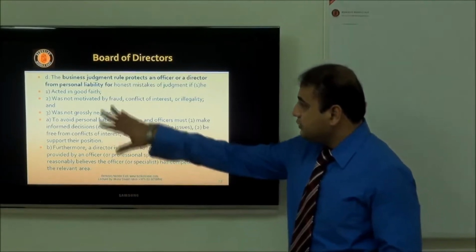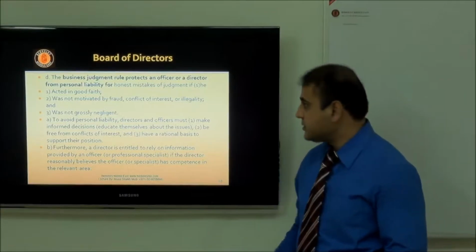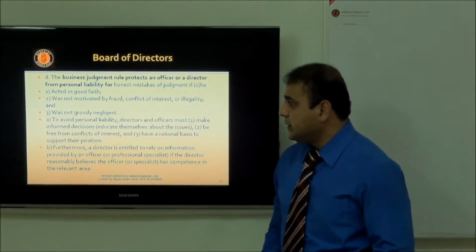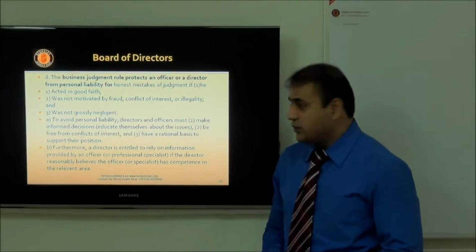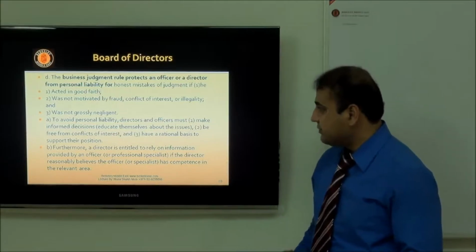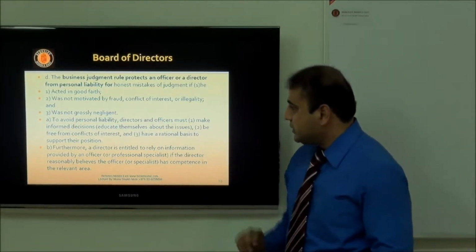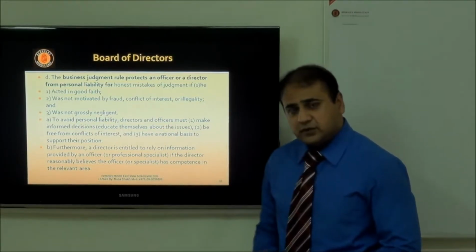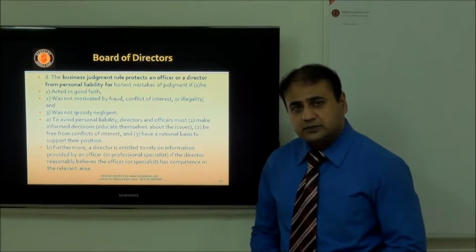So if they are in good faith, not motivated by fraud, conflict of interest or illegality, and not grossly negligent. To avoid any personal liability, directors and officers must make informed decisions, educate themselves about the issues, be free from conflict of interest, and have a rational basis to support their positions.